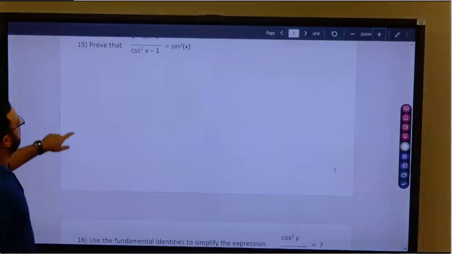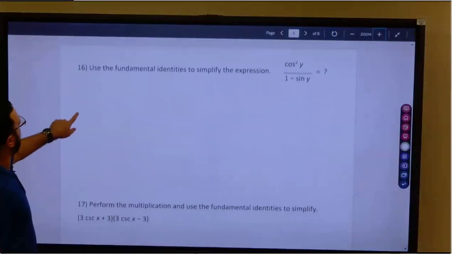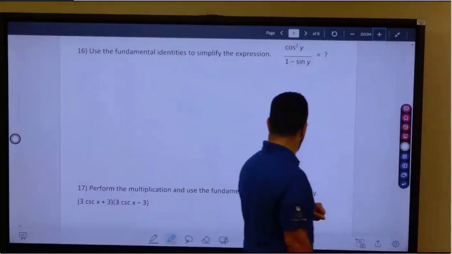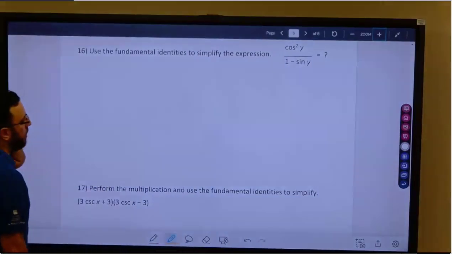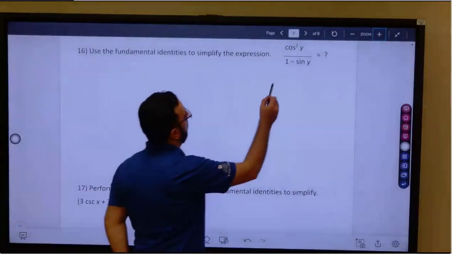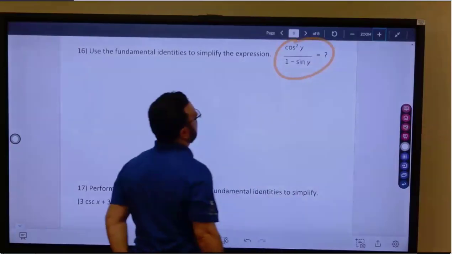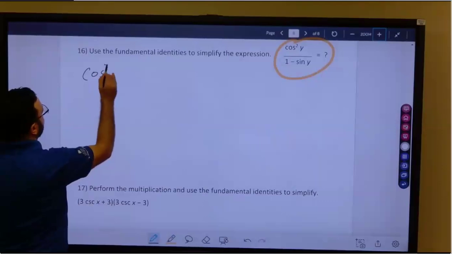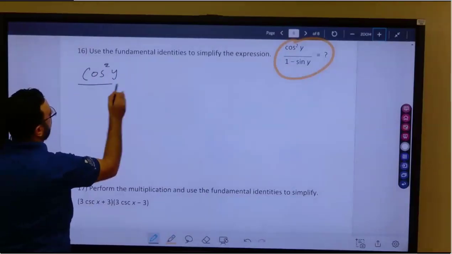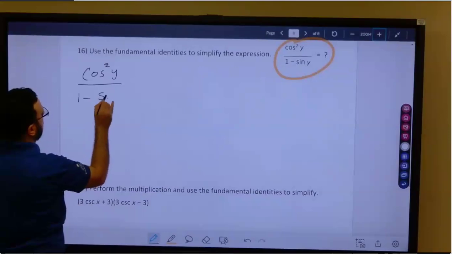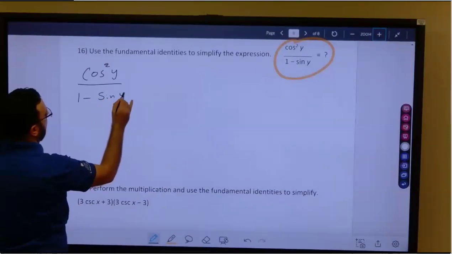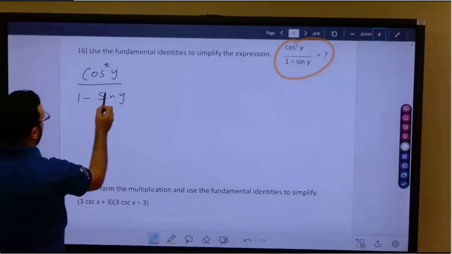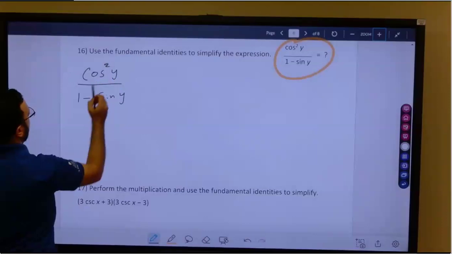Next problem is: use the fundamental identities to simplify the expression. First of all, we need to simplify the whole expression here. So I'm going to write down cosine squared y over 1 minus sine y. I already know I can't do anything here, because there's no square here.